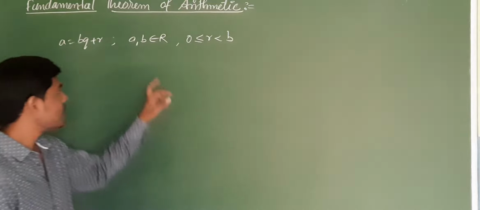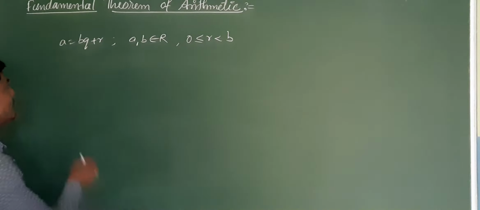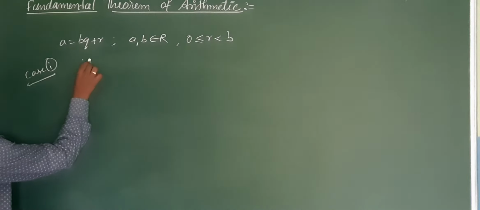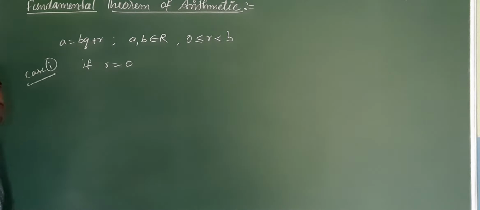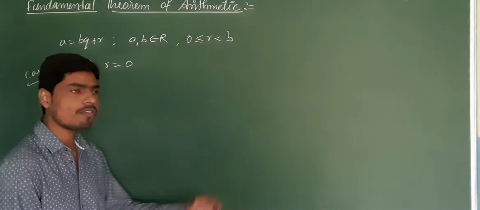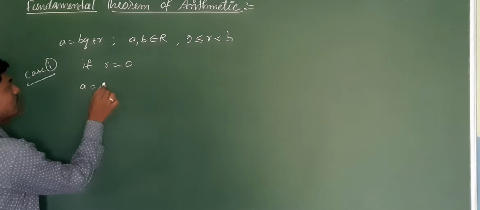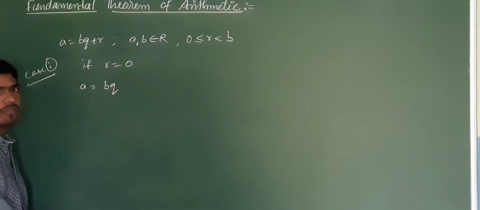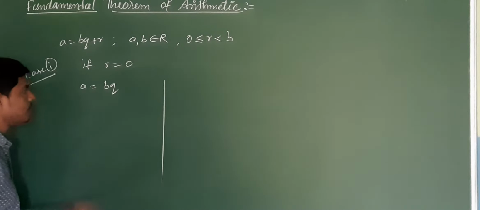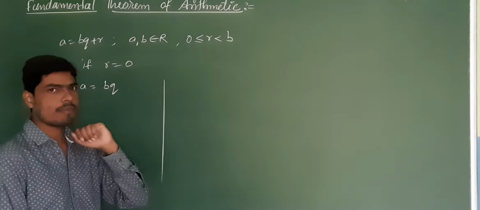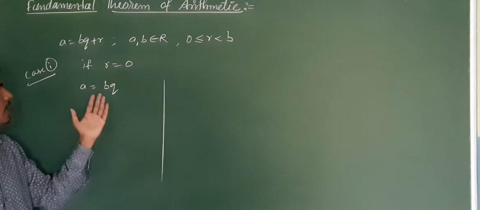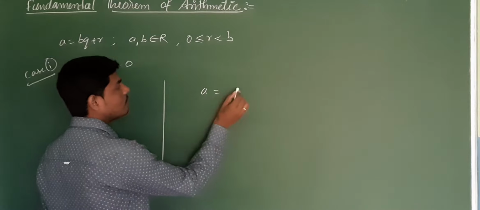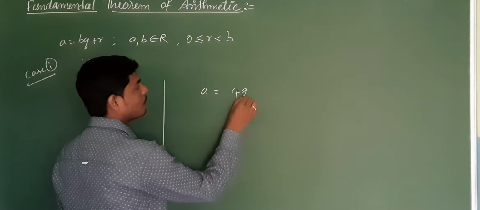Now, let us take case 1 specially in every problem. If r = 0, that means the remainder is 0, what will happen? a = bq. Children, we are getting a = bq. For example, these two are any real numbers. Now take another example, a = 4q.